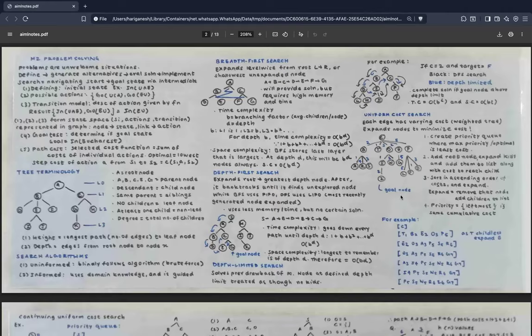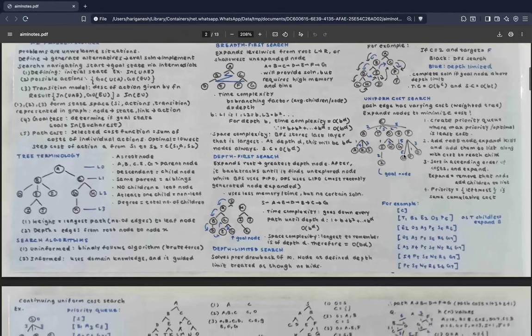I don't know. You're probably going to want to expand E here, and you're going to arrive at your goal node immediately. But let's, for the sake of argument, pretend that. Oh, wait, that's because G is not the goal node. Okay, never mind. So I was right.